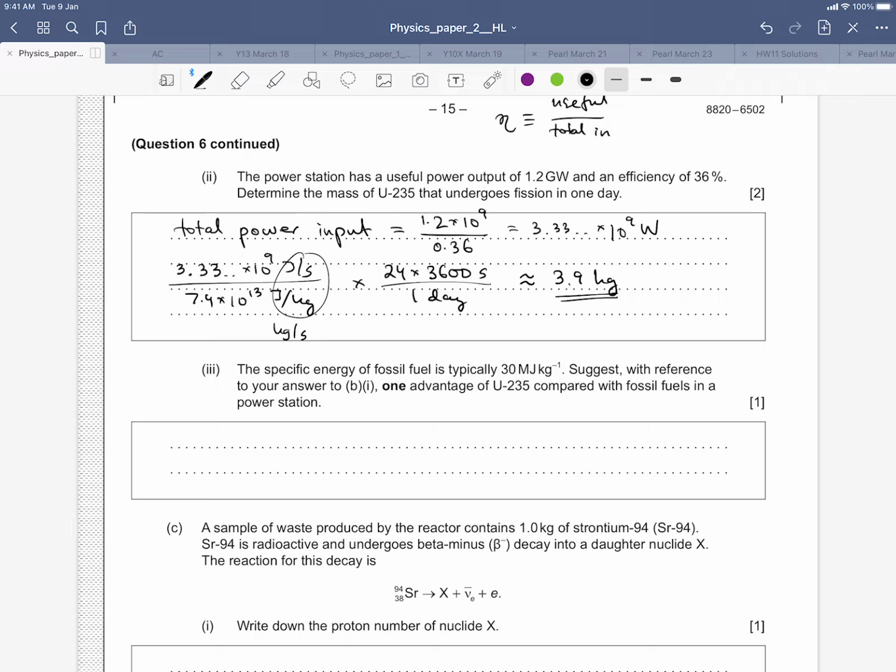And that is one advantage compared with fossil fuels: we have a much higher specific energy, which means we need much less fuel to achieve the same power. So much less nuclear fuel is needed to achieve the same power.